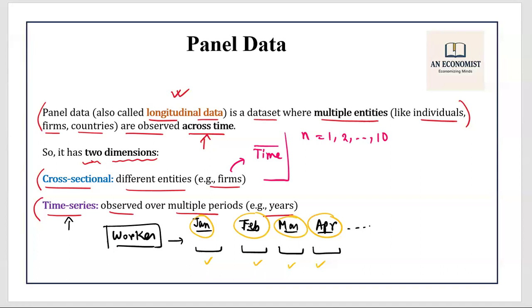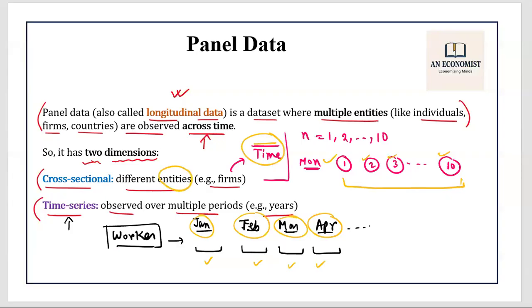Then for a particular time, suppose for a particular day, say Monday, what will be the production by the first worker? What will be the production by the second worker, third worker, all the way up to the 10th worker? So if you are considering this kind of data where you are keeping the time fixed, you are not changing the time, but you are measuring the production by different entities, right?